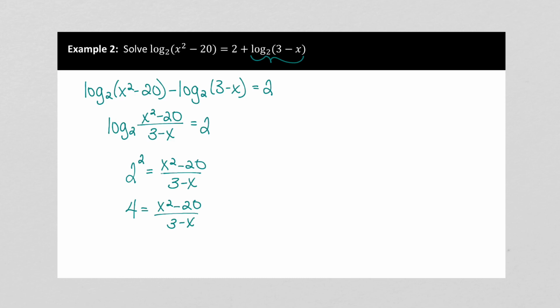Multiply both sides by 3 minus x to get rid of the 3 minus x on the bottom. So we'll have 4 times 3 minus x equals x squared minus 20. Distribute.